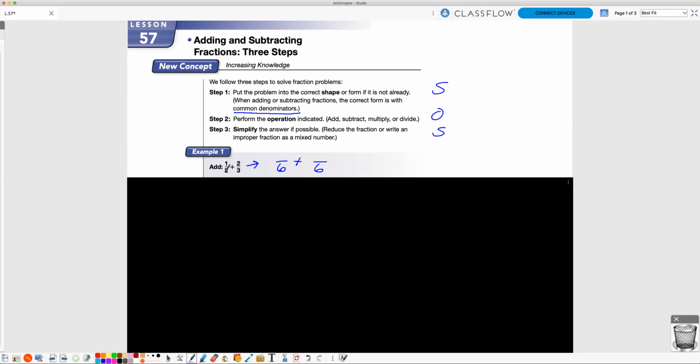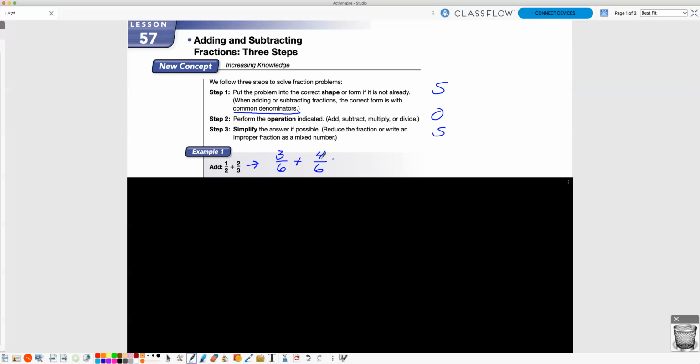If I was to take 2 times 3, I would get to 6. So that means I have to take 1 times 3. And if I was to take 3 times 2, I would get this 6. And if I multiply this 1 times 2, I have to multiply this 2 times 2 to get 4.